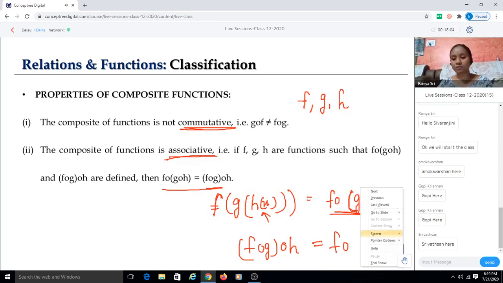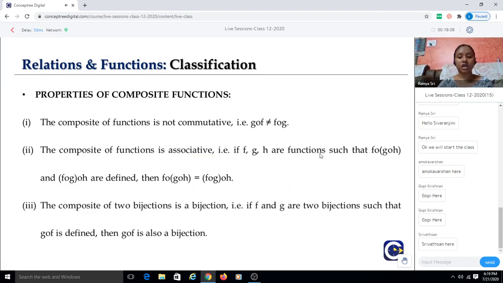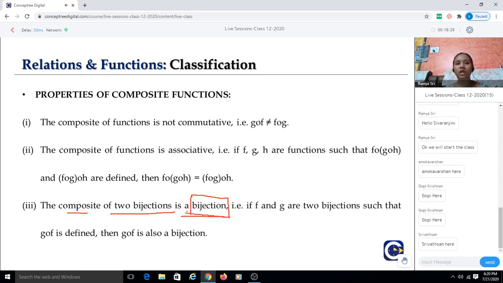So let's see our next property of our composite functions. Here is the last property of our composite functions, which states that the composite of two bijections is a bijection. Have you remembered the word bijection? Have you recalled anything? What is actually a bijection, or which function is called a bijection?